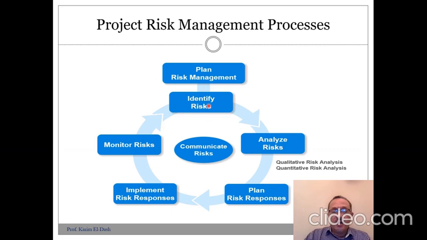So we are not talking about a delay of one day or an increase in the budget of $1 or $10, but we are talking about non-ordinary risks, because those expected changes in duration and cost are expected, and they could be considered by the planner, whether we are talking about time planning or cost planning. So we are considering here the risks that have more probability or more impact on the project. Those are the risks to be identified in this regard.